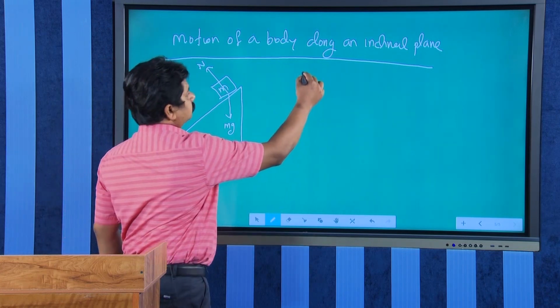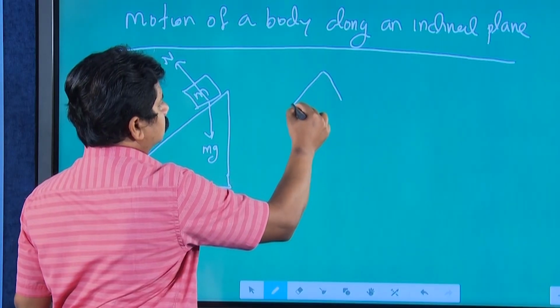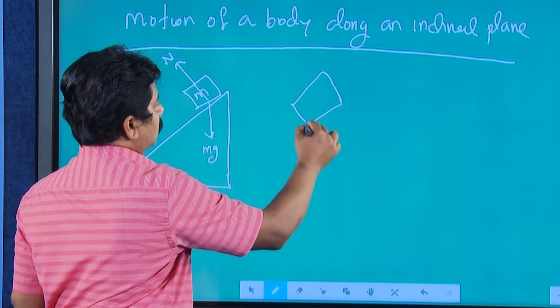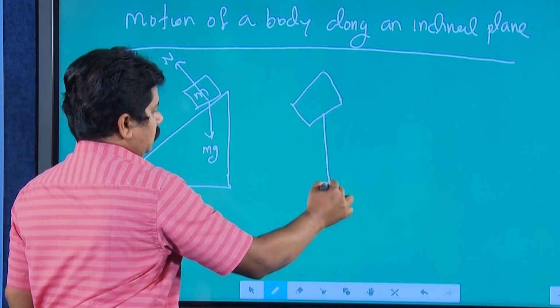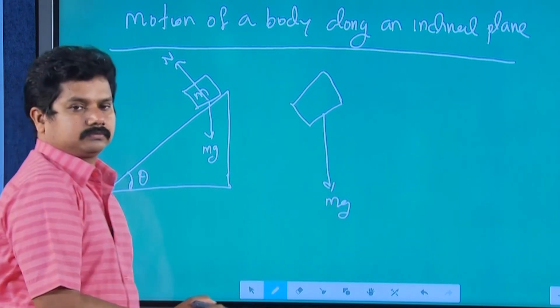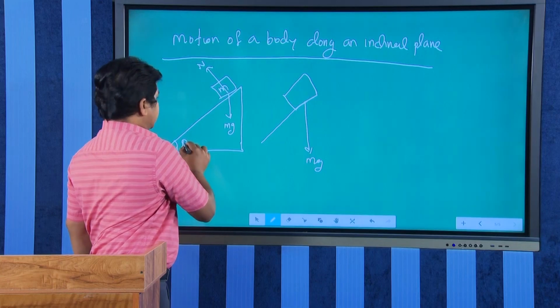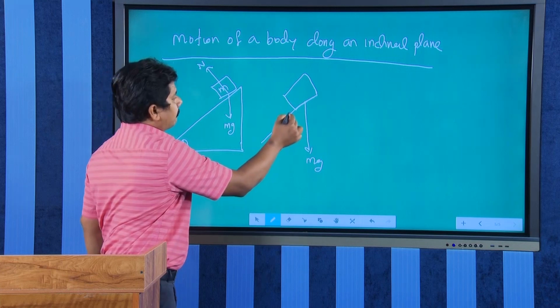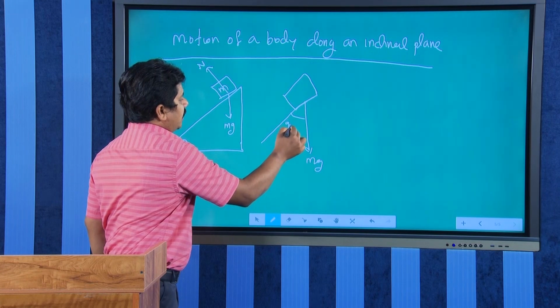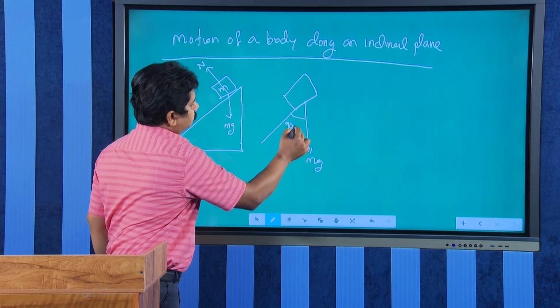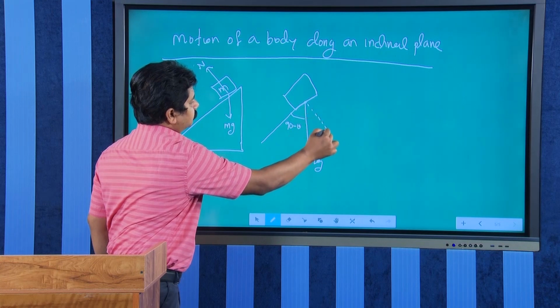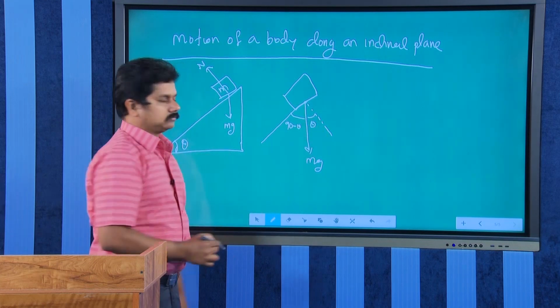That is, this is mg, this angle is theta. So, definitely this will be 90 minus theta, right, and this will be theta.